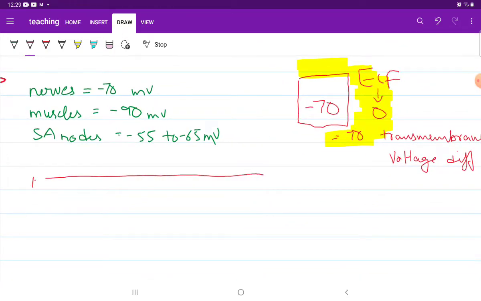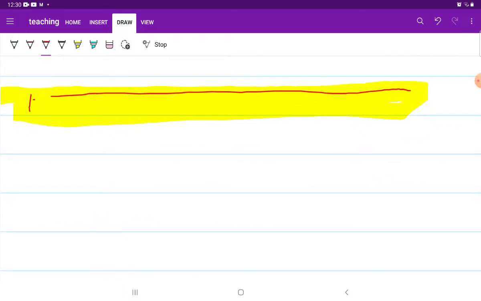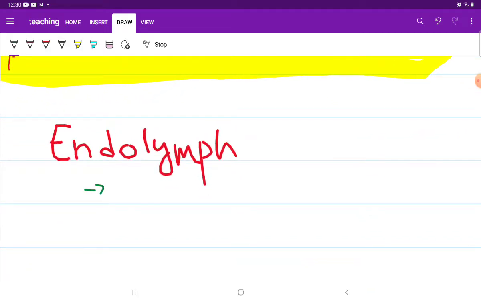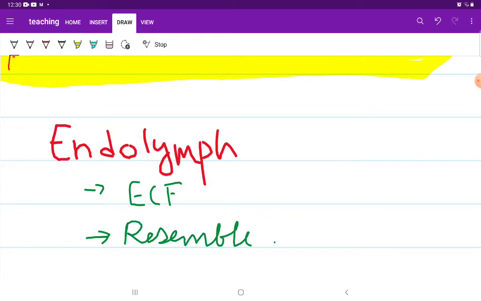Now there's an exceptional ECF, that is called endolymph. What is it? It is an ECF, but endolymph resembles ICF, intracellular fluid.